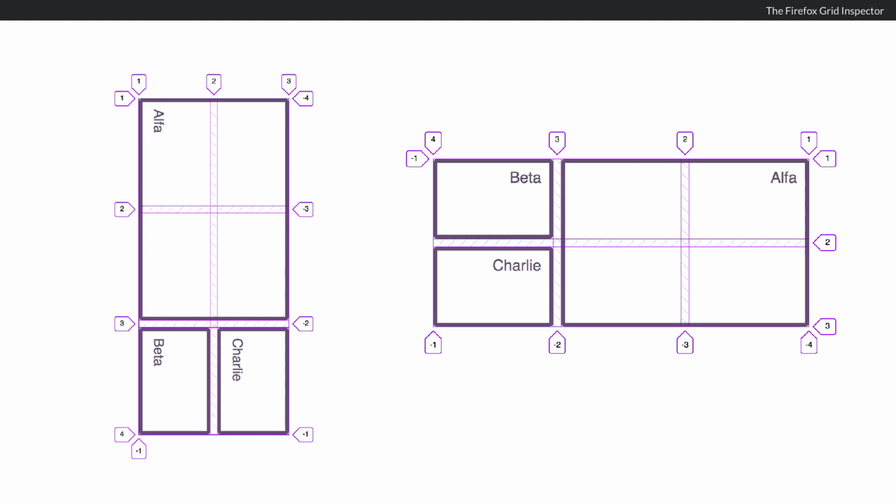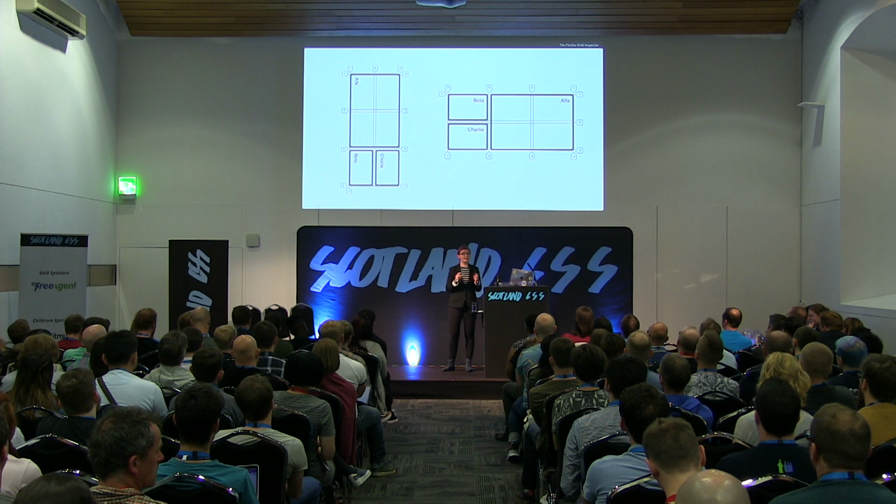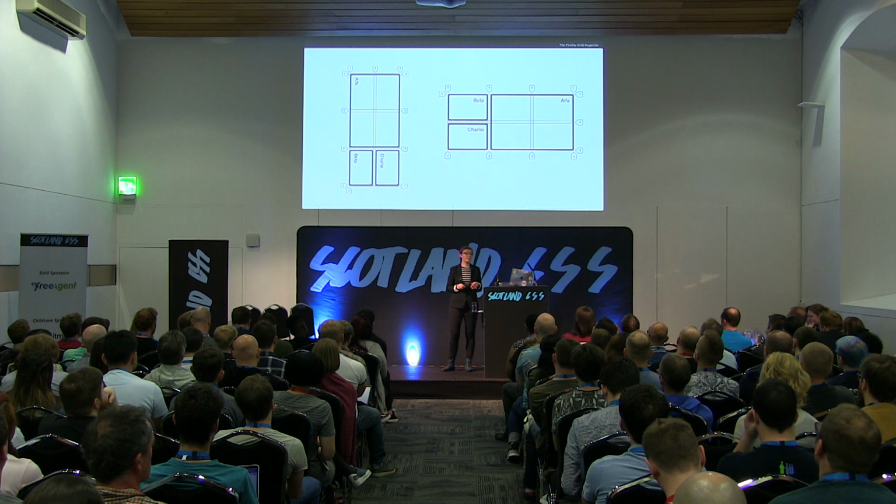And you'll find the Firefox Grid Inspector incredibly useful if you start turning your grid on its side. These are screenshots from Firefox of the example I was demonstrating. Firefox DevTools, if you open that up, it will add a grid outline, it'll add your line numbers, so you can see exactly how the positioning works. Really, really useful.